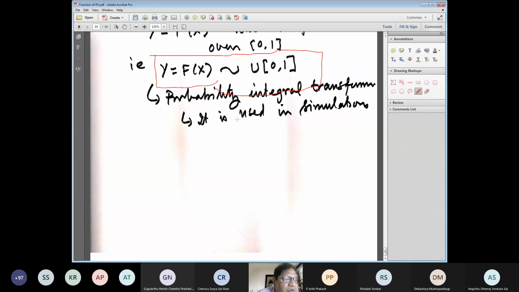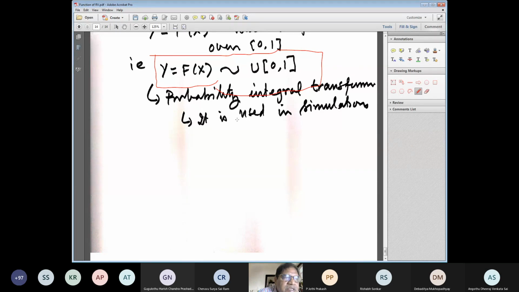So almost we have covered the univariate case. Univariate case means we started with a single random variable and we discussed some of the standard discrete distributions, some of the standard continuous distributions.